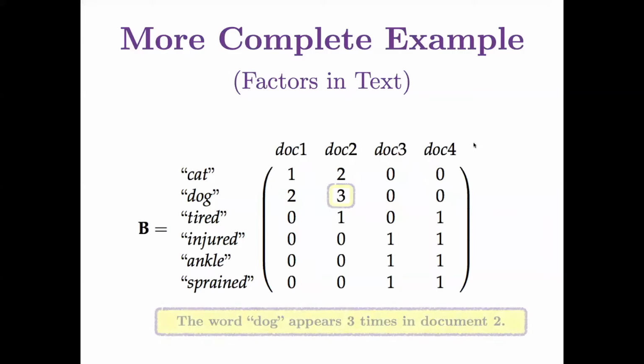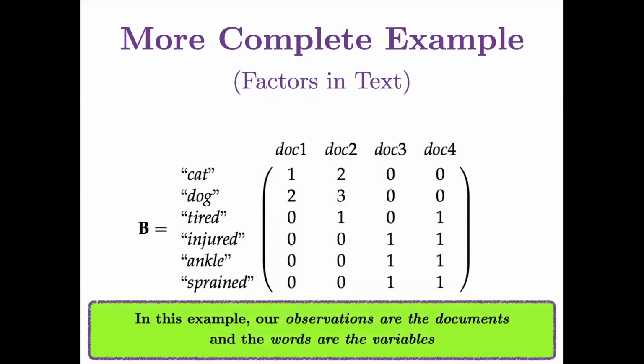Each entry in this matrix tells us how frequently or how many times the word on that row appeared in the document on that column. So for instance, the word dog appears 3 times in document 2, as can be seen by the 3 in the 2-2 position of the matrix. So in this example, our observations are the documents, and the words are the variables that describe those documents.